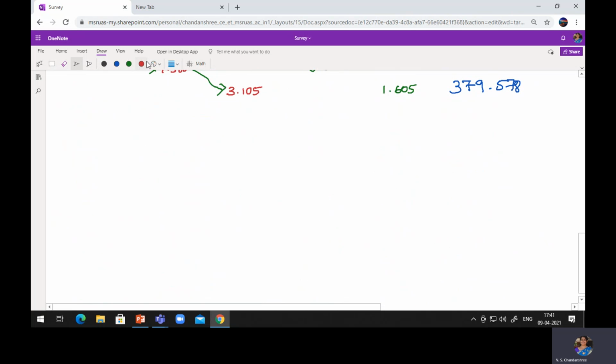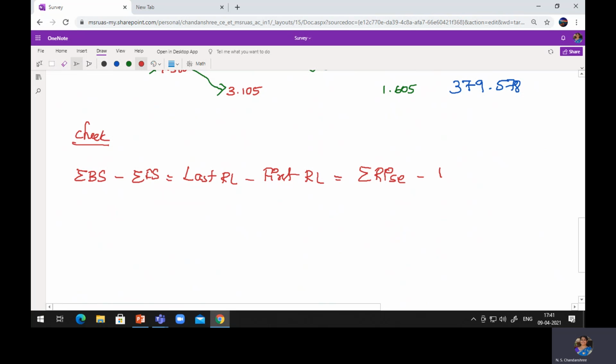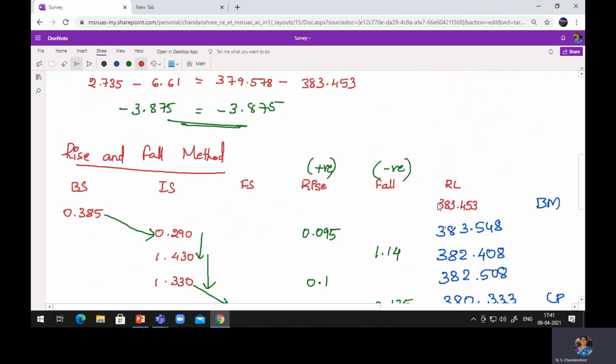Now the check for this can be performed. Check is equal to sigma backside minus sigma foresight, which is equal to last RL minus first RL, which is equal to sigma rise minus sigma fall. So sigma BS we had already calculated here.